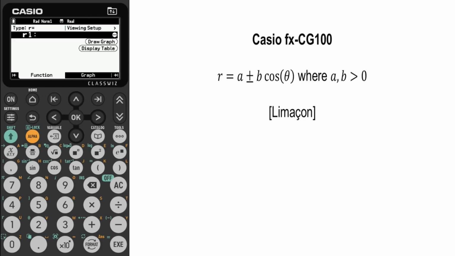Let us draw the graph of r equals a plus or minus b cos theta, where a and b are both greater than 0. This type of graph is called a limacon. Let's input this into our calculator. We have r equals a plus b cos theta.